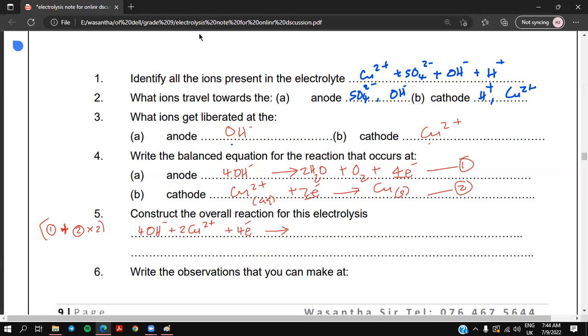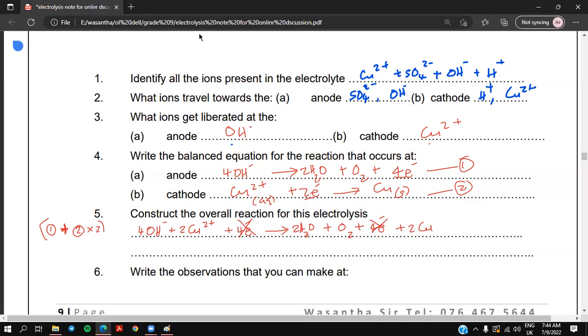Now I go to the product side. From reaction 1, we get 2H2O plus O2 plus 4 electrons. And from equation 2, we get only one product, which is copper, but it has to be multiplied by 2, so 2Cu. You can see 4 electrons on the left-hand side and 4 electrons on the right-hand side, they cancel out.